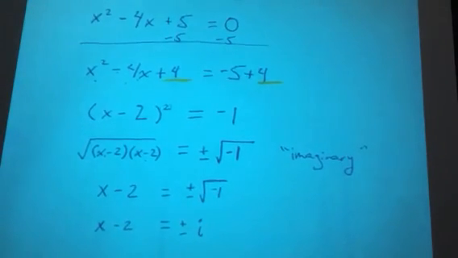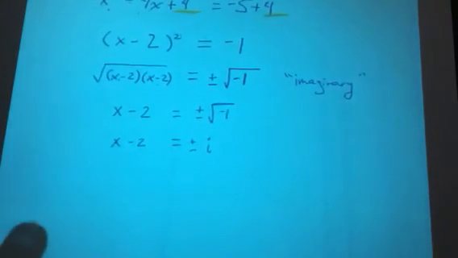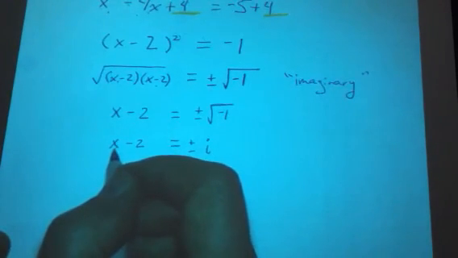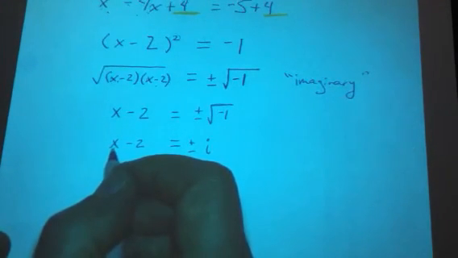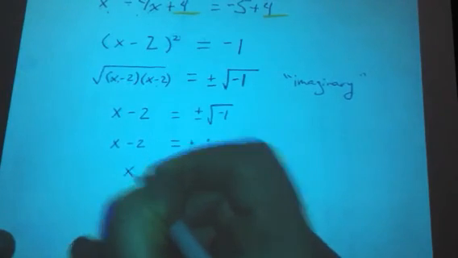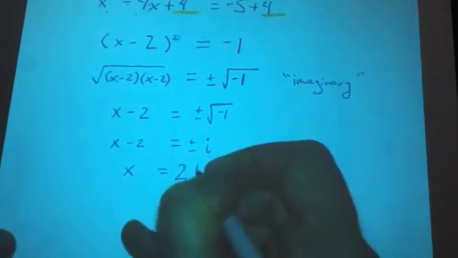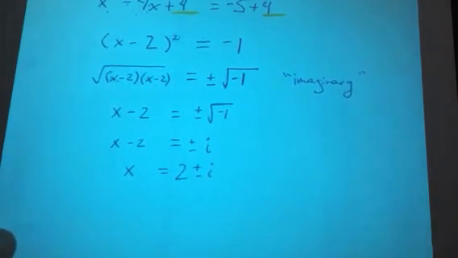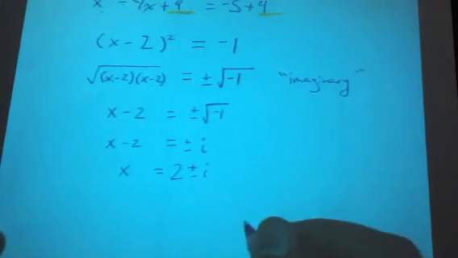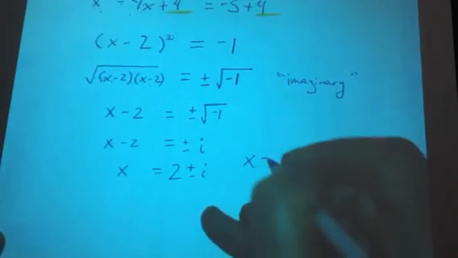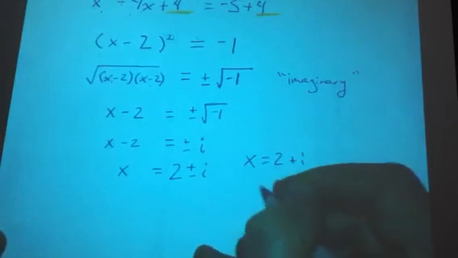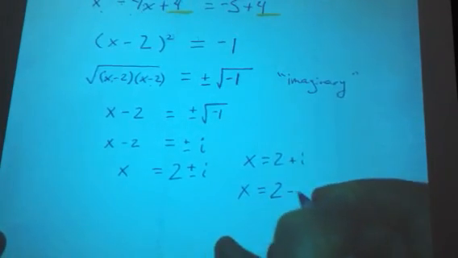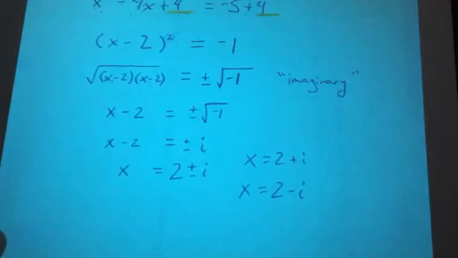And we finally get the x by itself, or we solve for x by adding 2 to both sides and say x equals 2 plus or minus i. Or if you prefer to write the two solutions, you'll say x equals 2 plus i. You'll also say x equals 2 minus i. And you have done it!